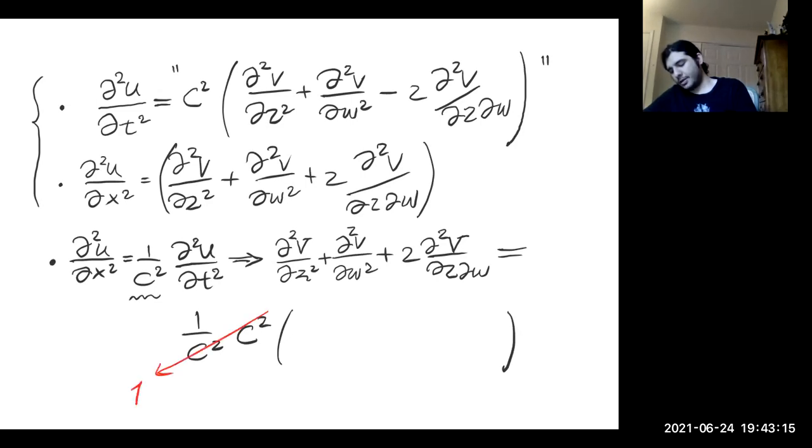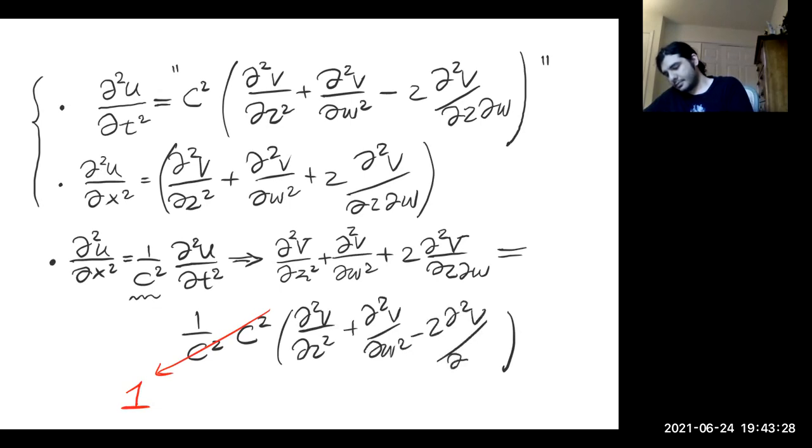We would just get 1. And what do we have? Well, we have this. Okay. Therefore, the left-hand side is equal to the right-hand side.